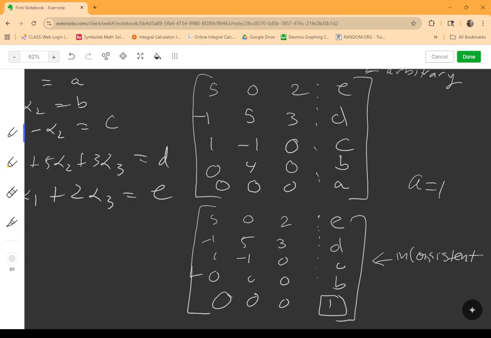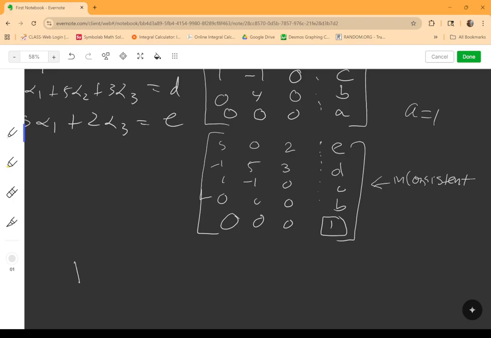So what that tells me is that P4 is not a subset of T, hence P4 does not equal the span of T.